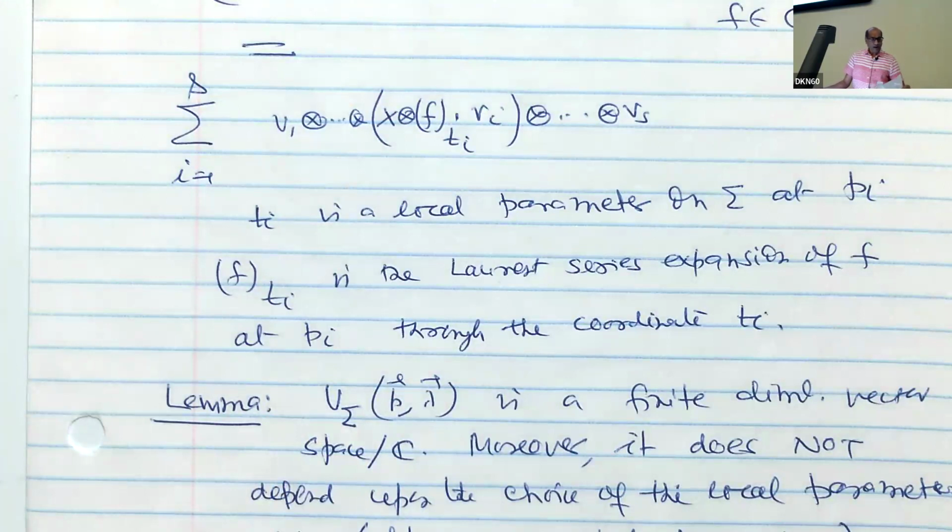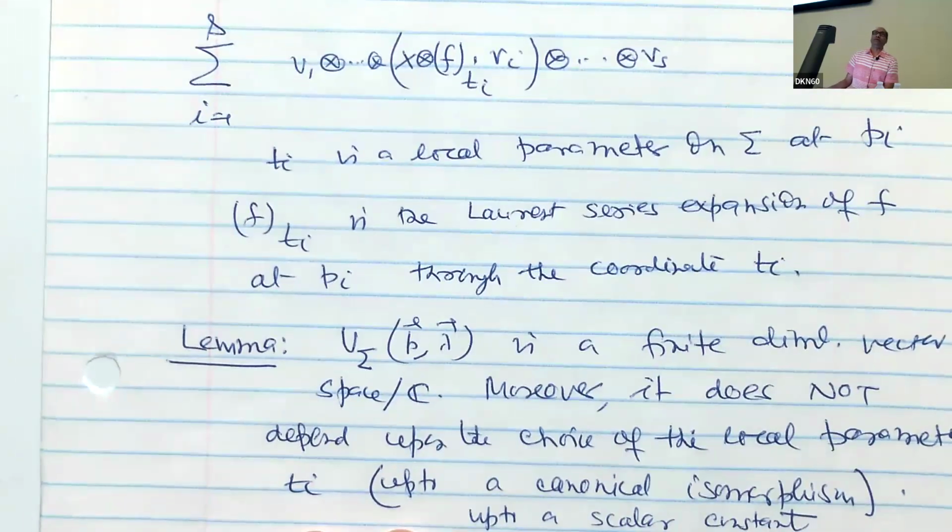Keep in mind that H lambda is infinite dimensional, very infinite dimensional, but this covariant space, this space of dual conformal blocks, is a finite dimensional vector space over complex numbers. Moreover, this space does not depend upon the choice of the local parameters, up to some canonical isomorphism, but this canonical isomorphism is only canonical up to some scalar multiple.